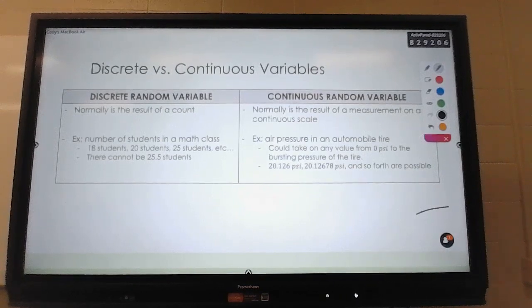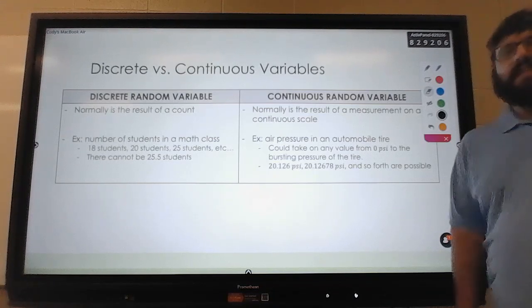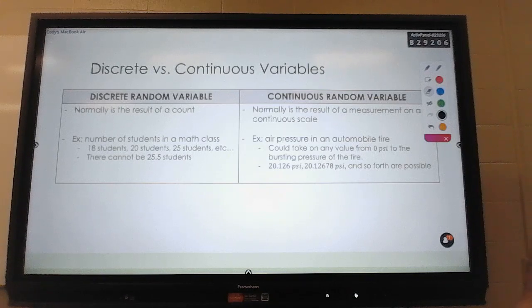There are an uncountable number of numbers between any two whole numbers, like, for example, 0 and 1. All you've got to do is put another 0 right after the decimal point. That's what makes it a continuous random variable. So discrete is mostly whole numbers. A continuous random variable is mostly dealing with decimals.